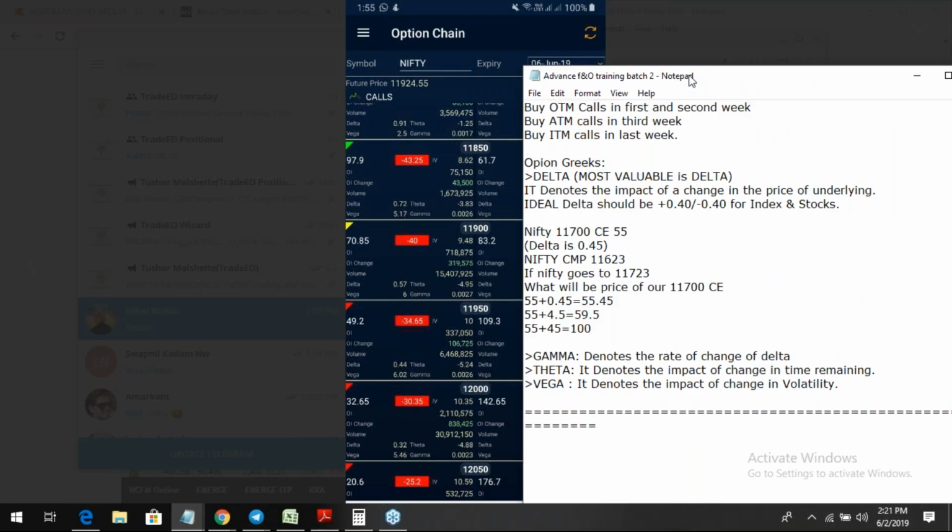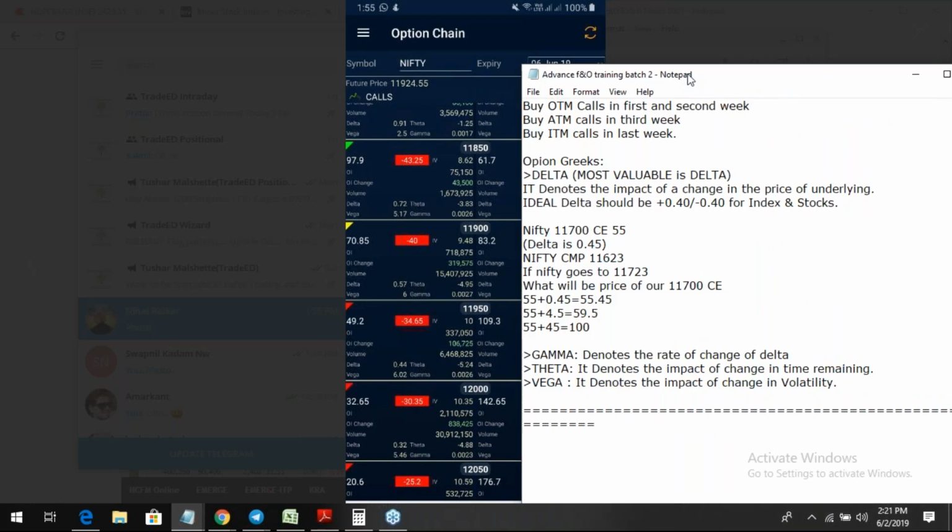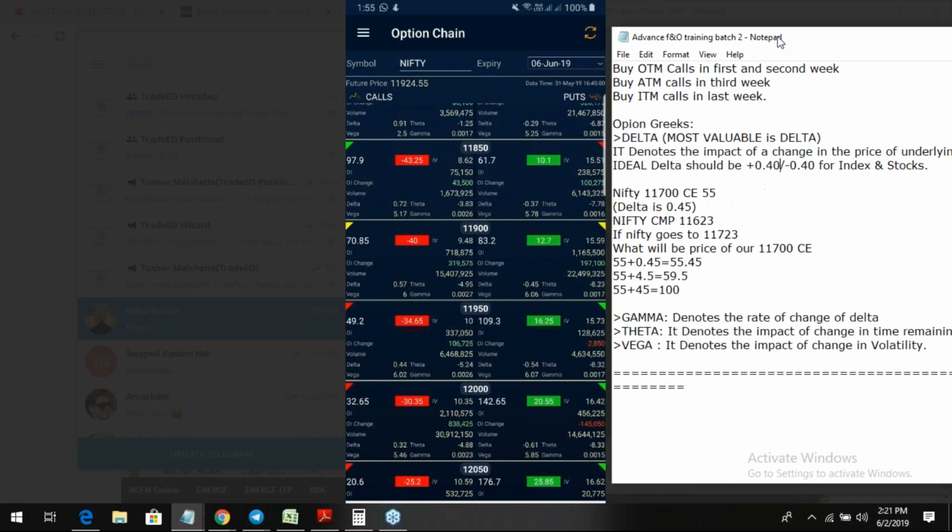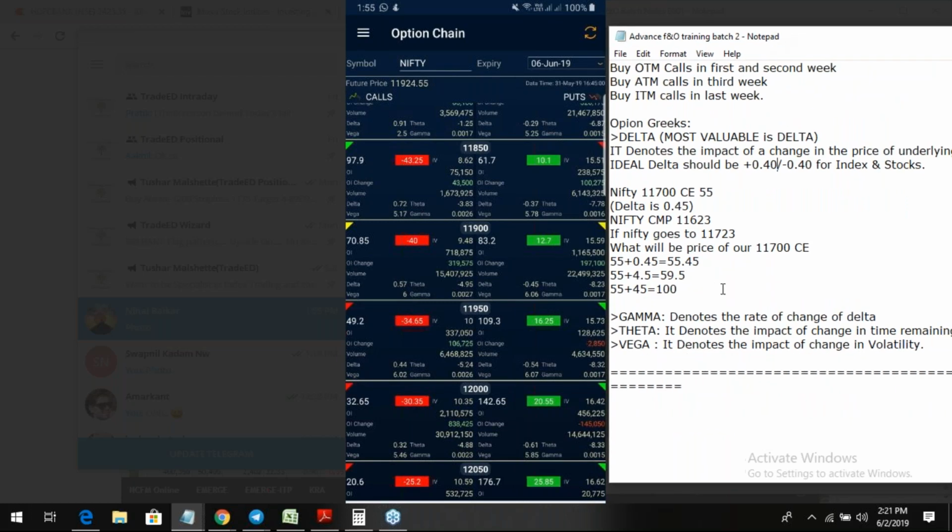Now which call is good to buy? You tell me. If the market is going towards 11,920 to 12,000, we know that the market will go up. So which call is good to buy now? Current market price is 11,920. 11,950 onwards means, 11,800 call.